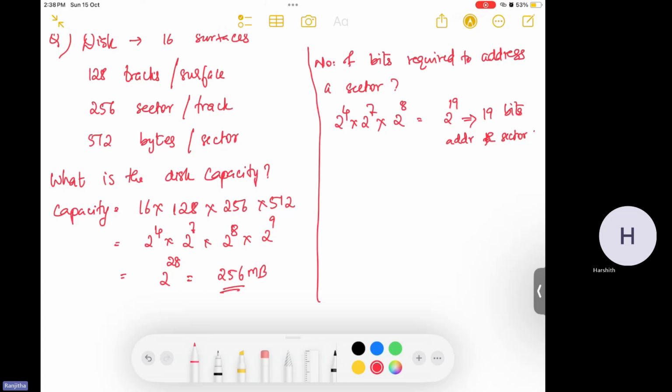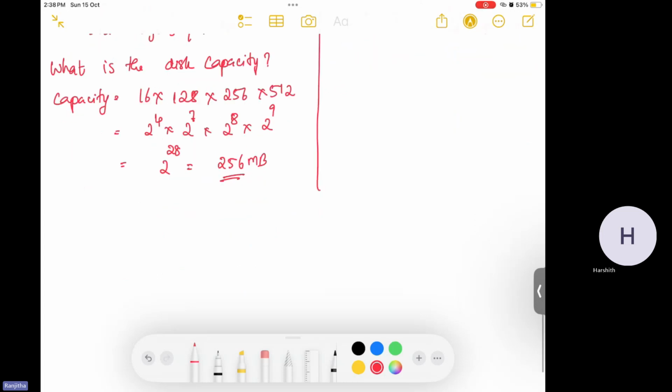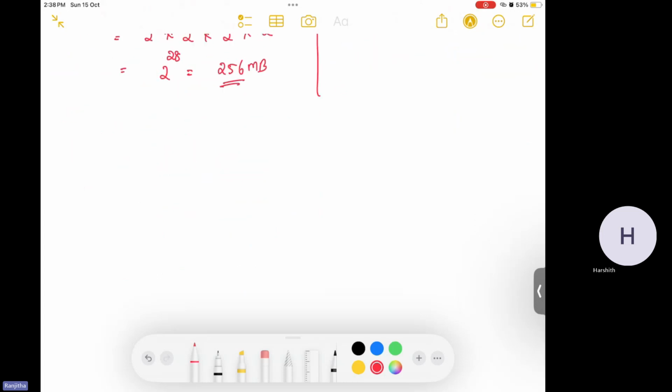Another part: if the disk is rotating at 3600 RPM, which means 3600 rotations per minute, what is the data transfer rate?